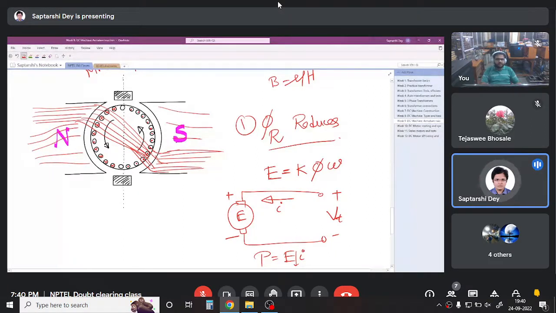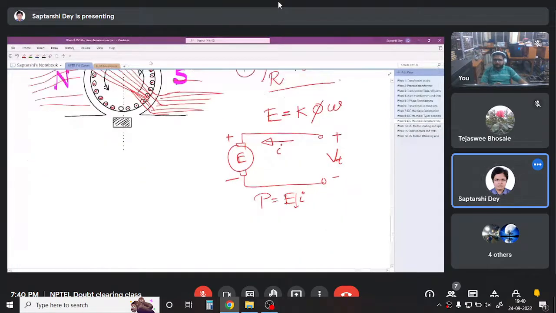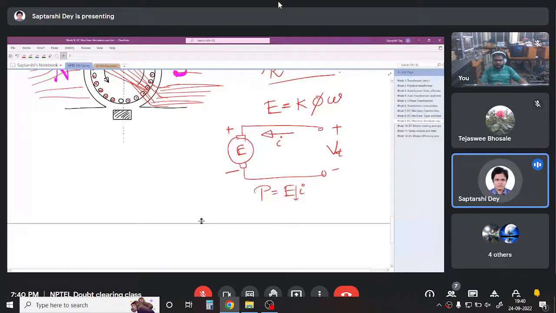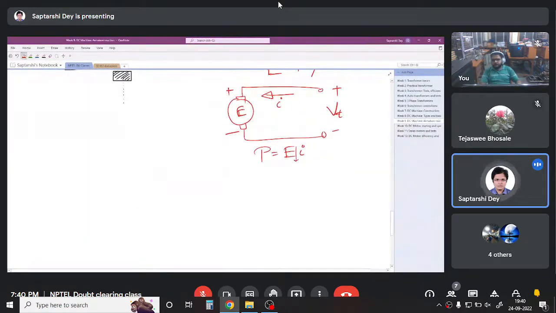In case of an AC machine, we can say the power factor is reducing. For the same current, I am getting less active power. So that is the first ill effect of armature reaction. We will look at other ill effects of armature reaction. But before that, we will look a bit towards the commutator.